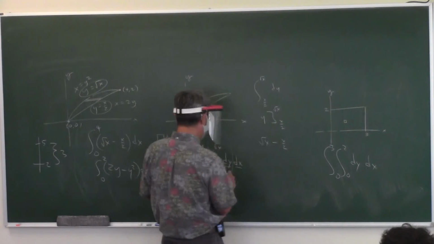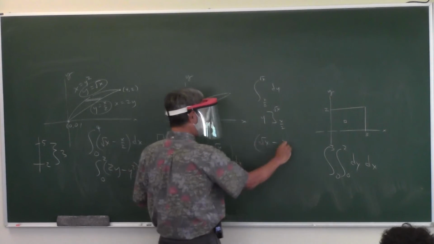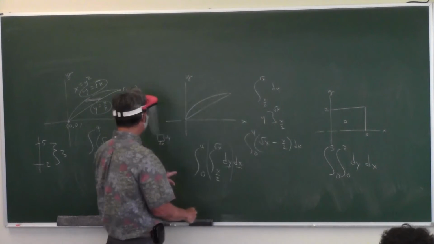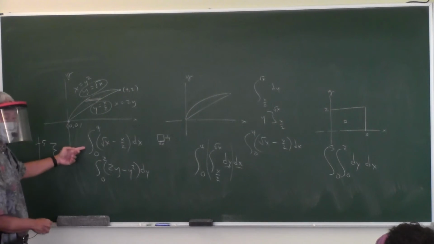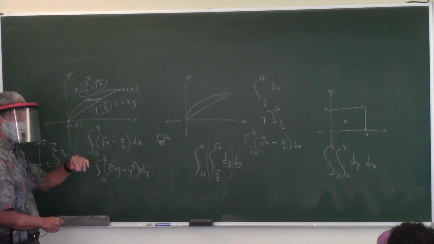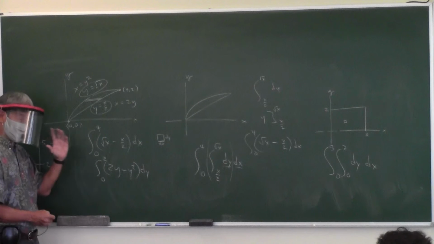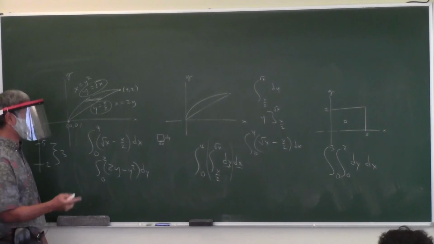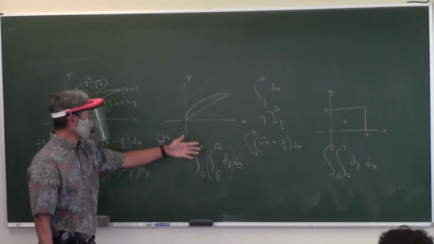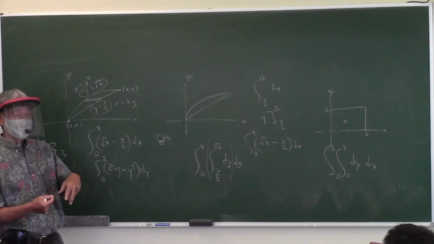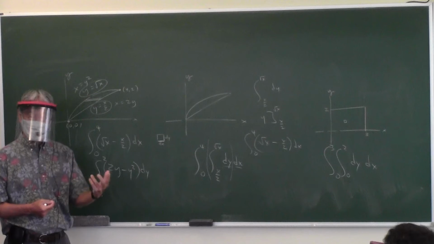Okay, so that's what this is. But then now you have to integrate that with respect to x from 0 to 4. But then, isn't that just this? Except you just have that extra step in the beginning. But it's just a different way of thinking about it. And I know what you're thinking. Oh, why do we have to do that? Why don't you just do it like this? Because this is preparing you for triple integrals, where you're going to have to do that.